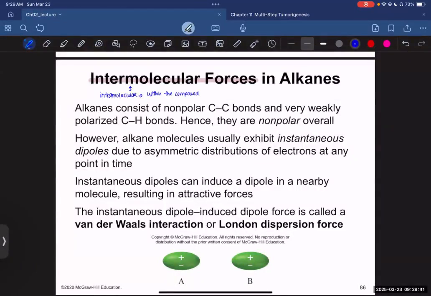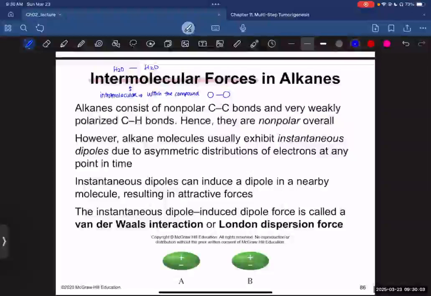So when we look at intramolecular, it's going to be between these two atoms that already have a bond or an association with them. Whereas when we look at intermolecular forces, it's between different molecules. So for example, water molecules with other water molecules.